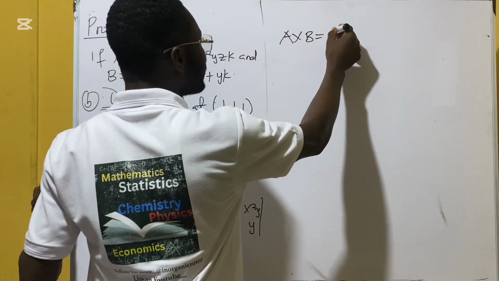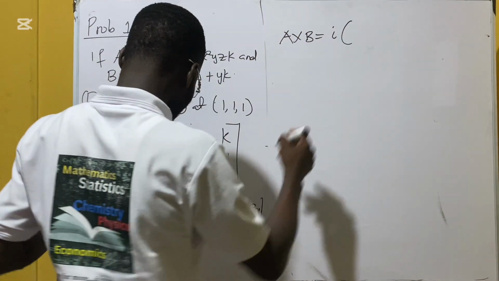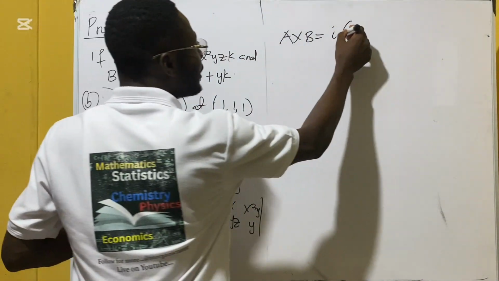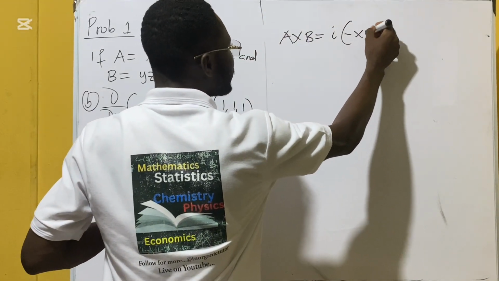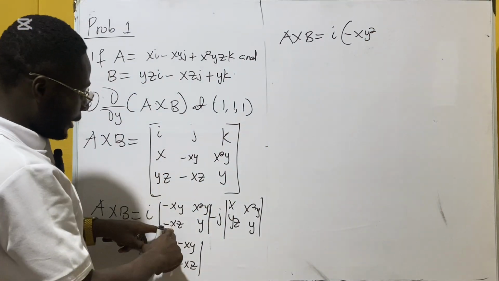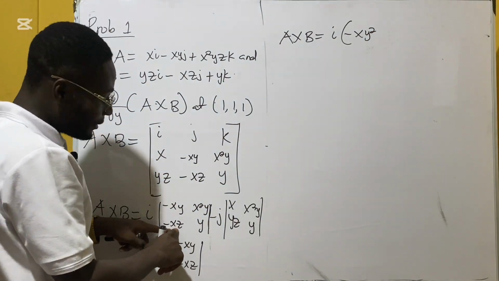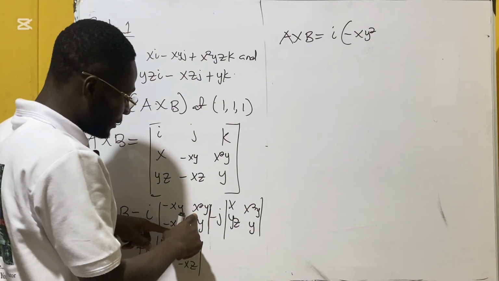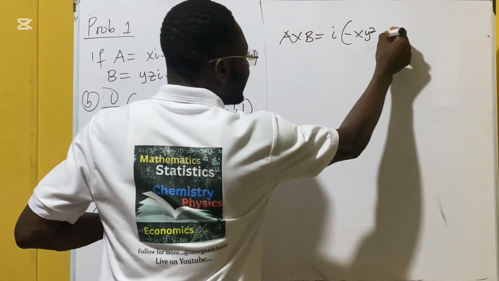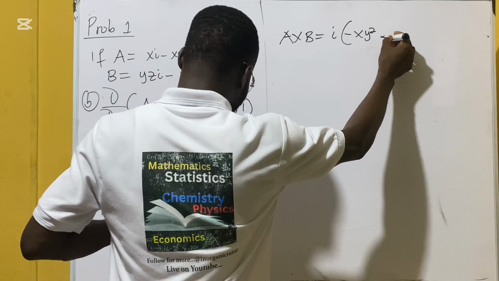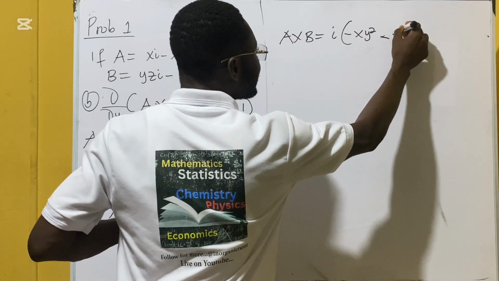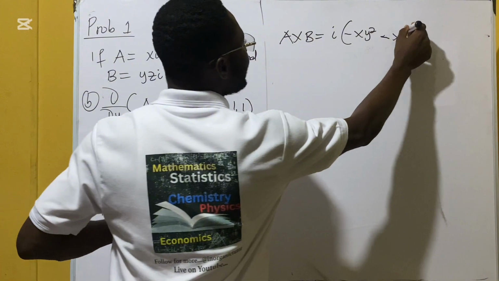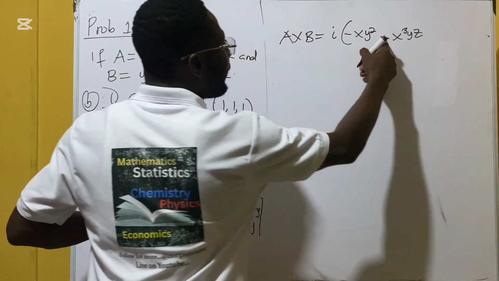equal to i into negative xy times y becomes negative xy squared. Okay, then minus xz times x squared y becomes negative x cubed yz, right?